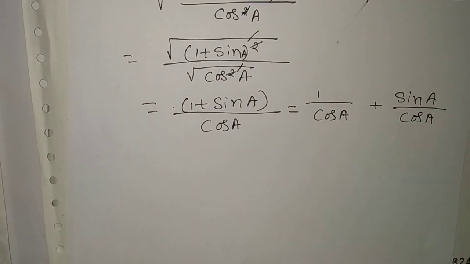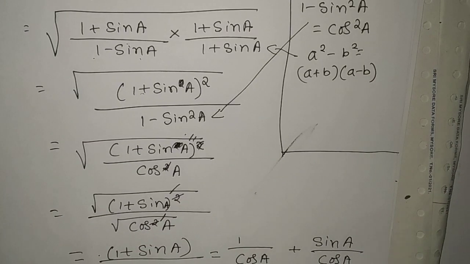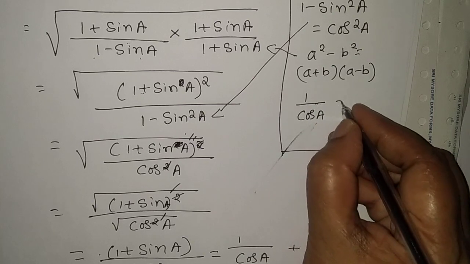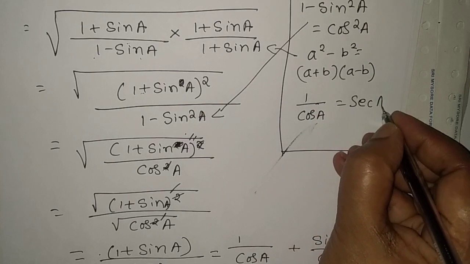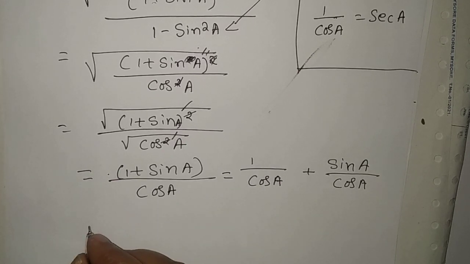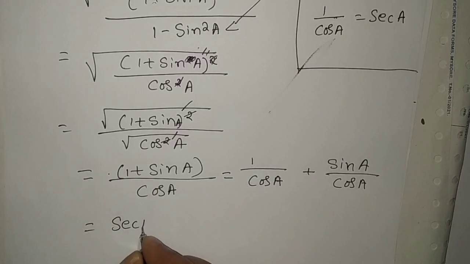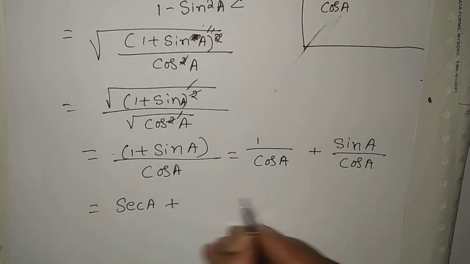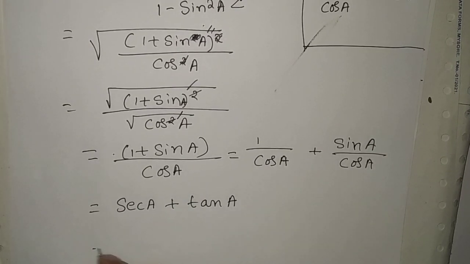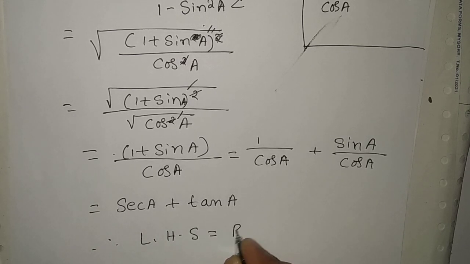Then 1 by cos A is what? 1 by cos A is equal to secant A. Therefore, substitute for 1 by cos A secant A, plus sin A by cos A is tan A. Therefore, LHS is equal to RHS, proved.